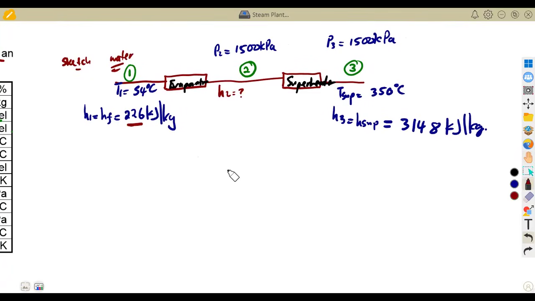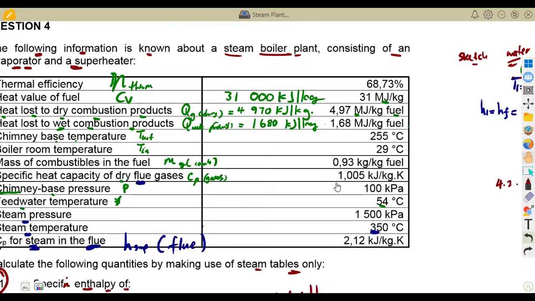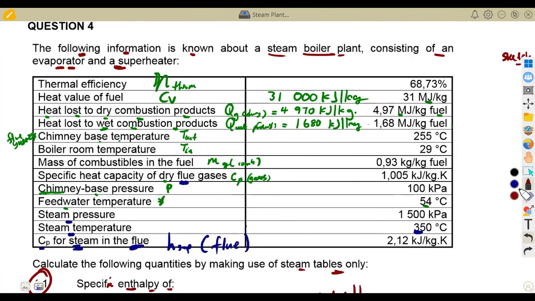We must use the information that we are given in order to find this. Sometimes they can ask you to calculate the thermal efficiency, the heat loss, or the heat loss to the waste combustion.